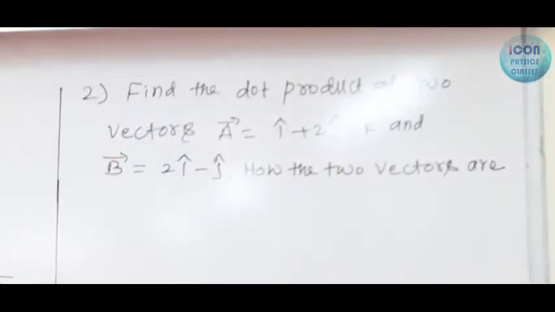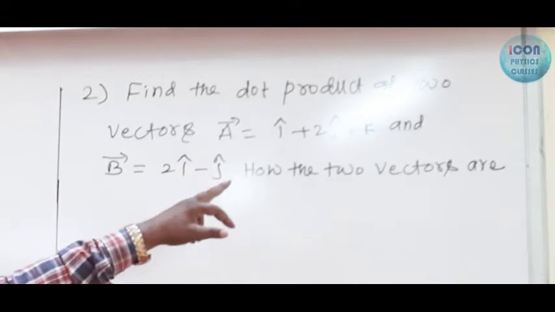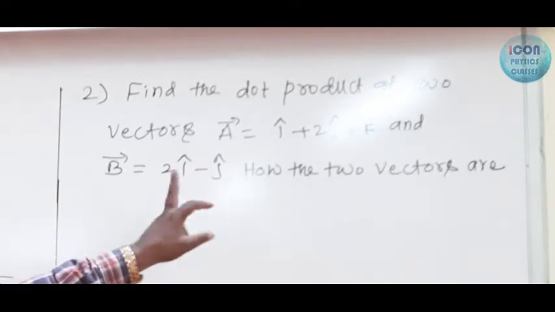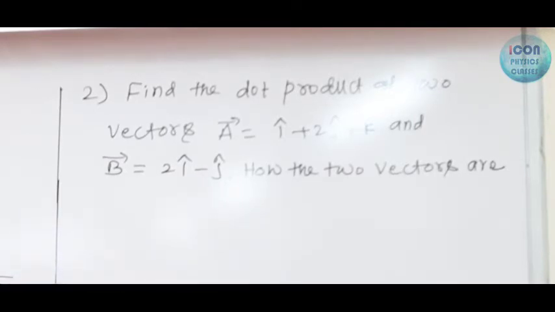Find the dot product of two vectors. Vector A is given to you and vector B is given to you. And how are the two vectors? Either the two vectors are parallel or perpendicular or anti-parallel or making a certain angle theta, which we tell lastly. So definitely you take the dot product.